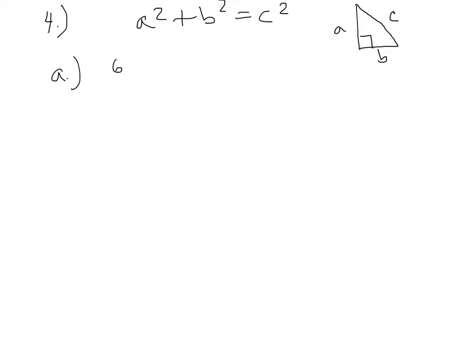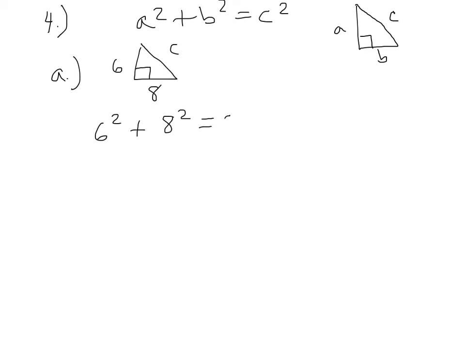Okay, a squared plus b squared equals c squared. That's the Pythagorean theorem. If you have a right triangle where you have a and b as legs, you can find c to be the sum of the squares of the legs. Here we go. For 4a, you've got 6 and 8 and c. Well, the legs are obviously 6 and 8, the things that make up the right angle.